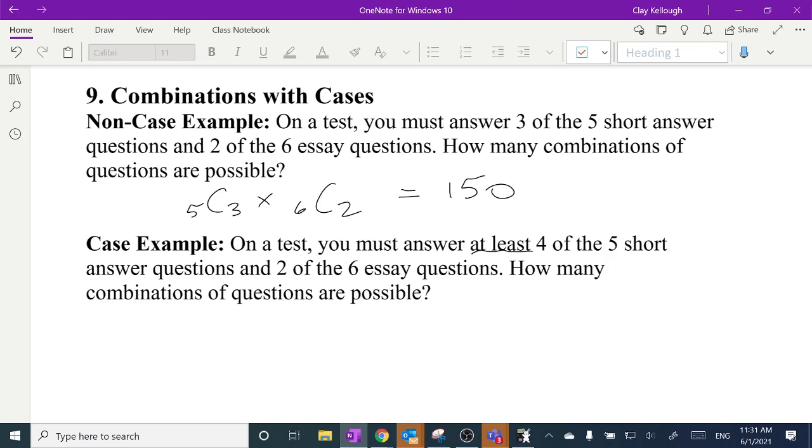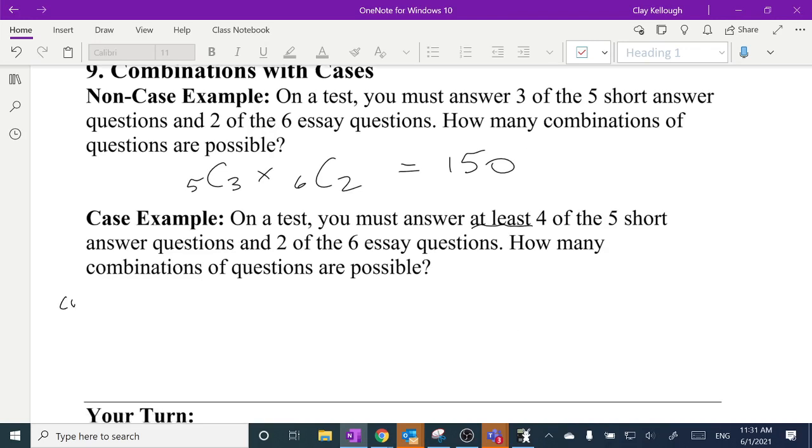So that means that I have to deal with case 1, where I answer 4 short answers, and then case 2, where I answer all 5 short answer. And then I misspelled the word short.